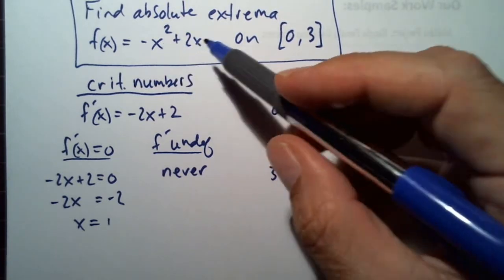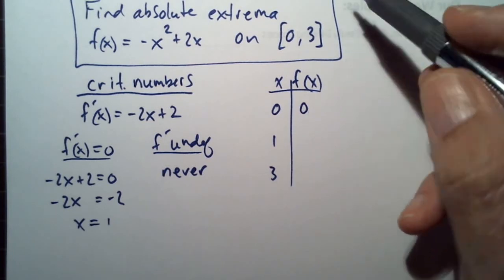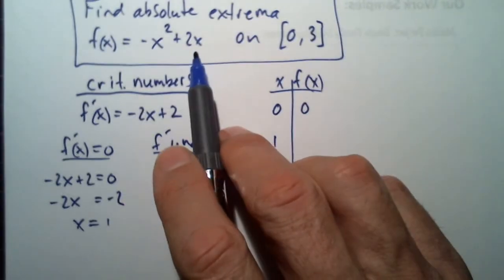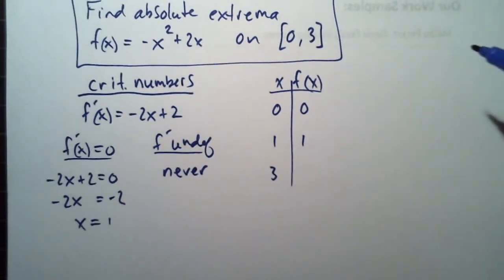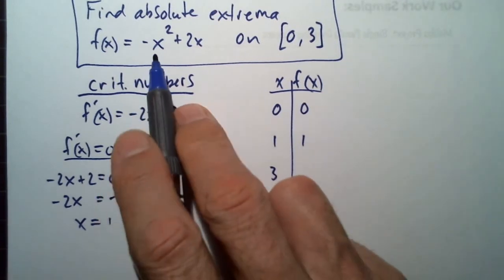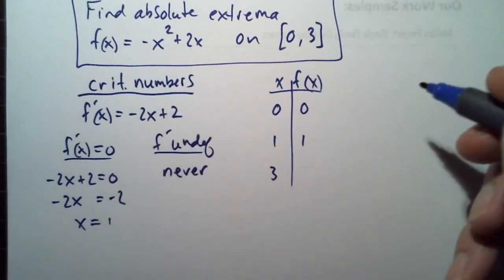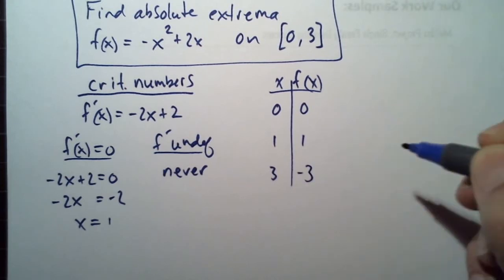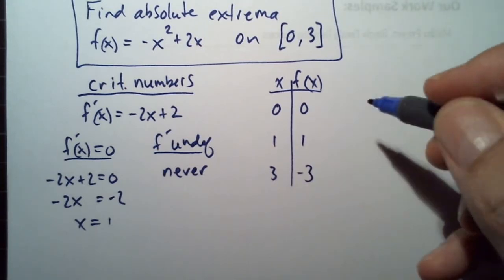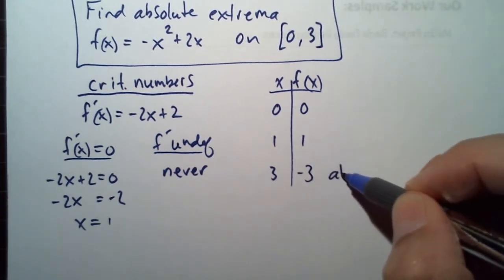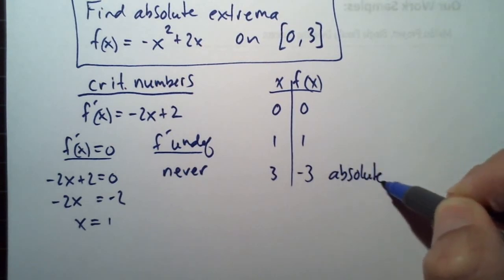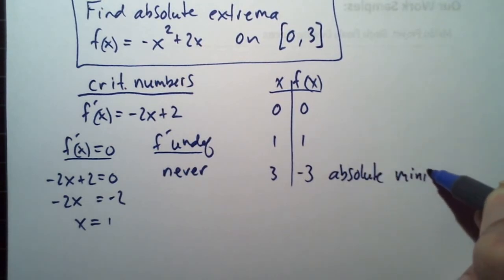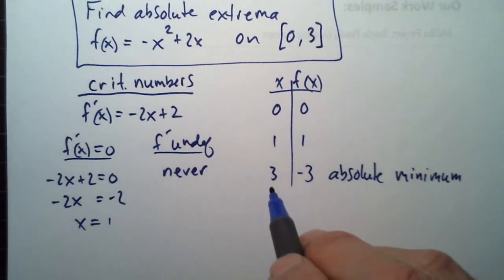Put a 0 in here and we get a 0. Put a 1 and we'll have 2 minus 1, which is 1. And then substitute a 3 and we'll get negative 3. So the lowest y value is the absolute minimum. It occurs at x equals 3.